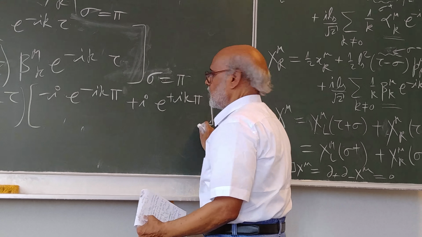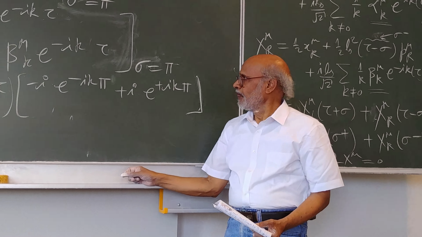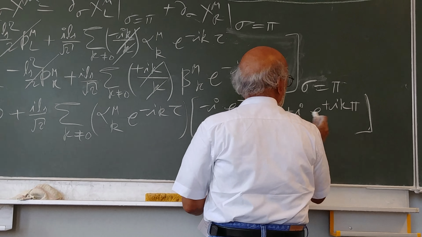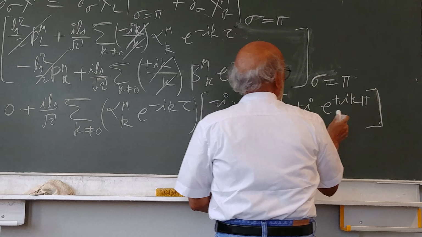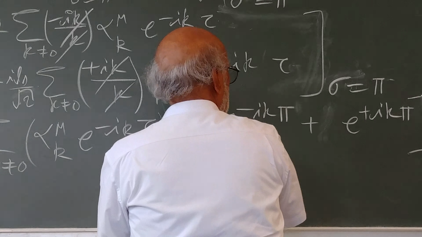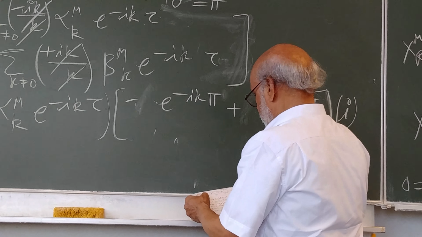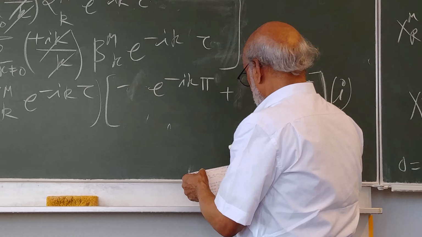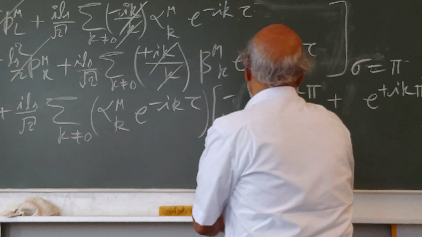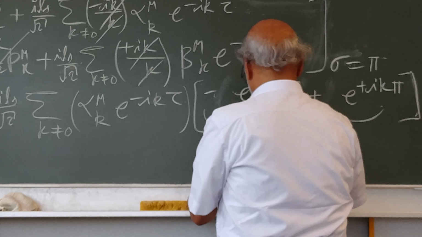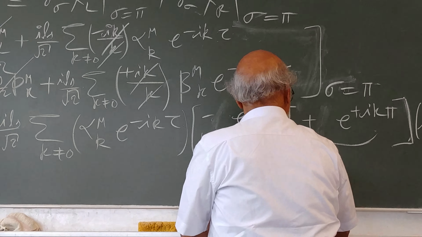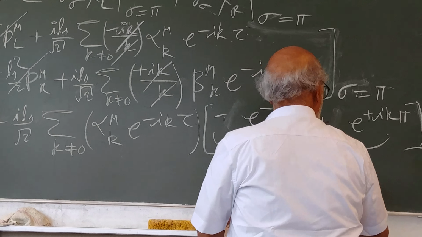Is this okay? All right, and we could take, let us say, iota outside, then this and this, let me remove. So it is e to the ik pi, and this should then be equal to 2 iota sin k pi.